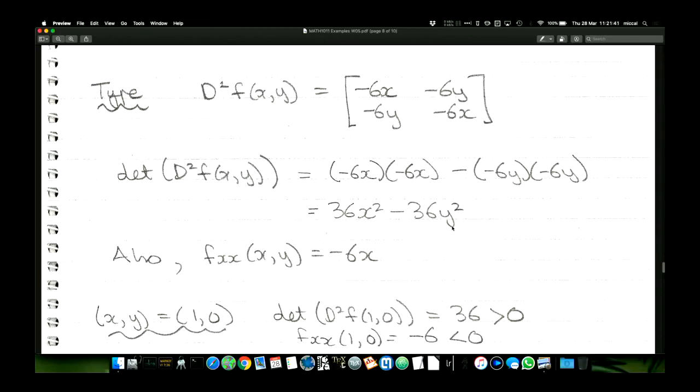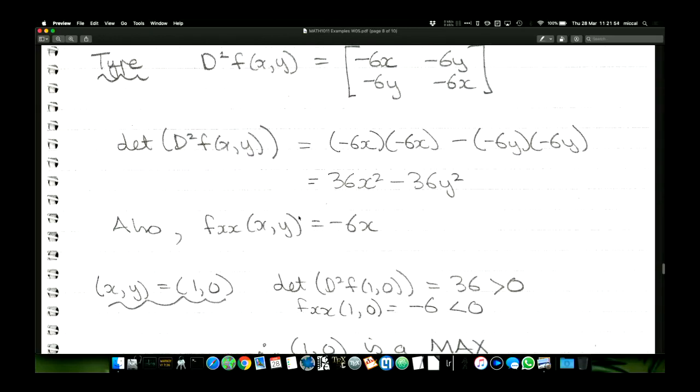And of course, I may need the sign of the second order partial derivative with respect to x, the top left entry, so I've written it there. And then I check each point manually. So when x is 1, y is 0, if you just wrote greater than 0, fine. Its value is meaningless, only its sign matters.